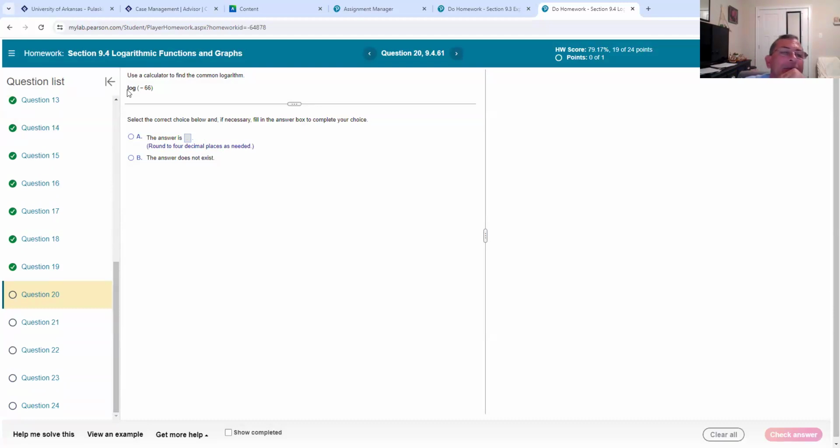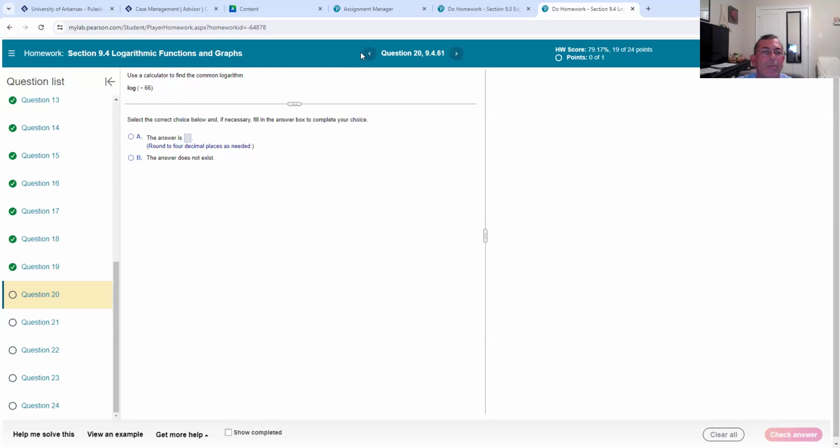So y'all look at this one. You got a log, that's really a log base 10. But I got a result of a negative 66. So is there a way that a 10 can be multiplied to get a negative number? Because remember, that's a log base 10, so 10 times 10 is 100, that's positive. There's nothing I can do to that to make it negative.